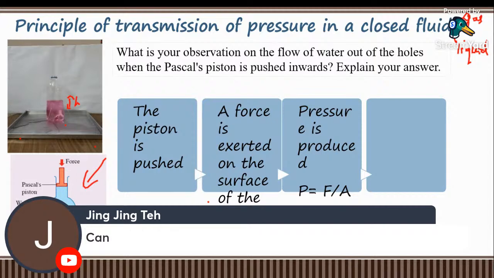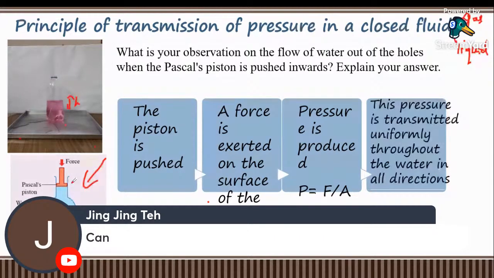The pressure is transmitted throughout water in all directions. So pressure exerted here, P equals F over A, equally in all directions. Then it causes the water to come out at the same speed.